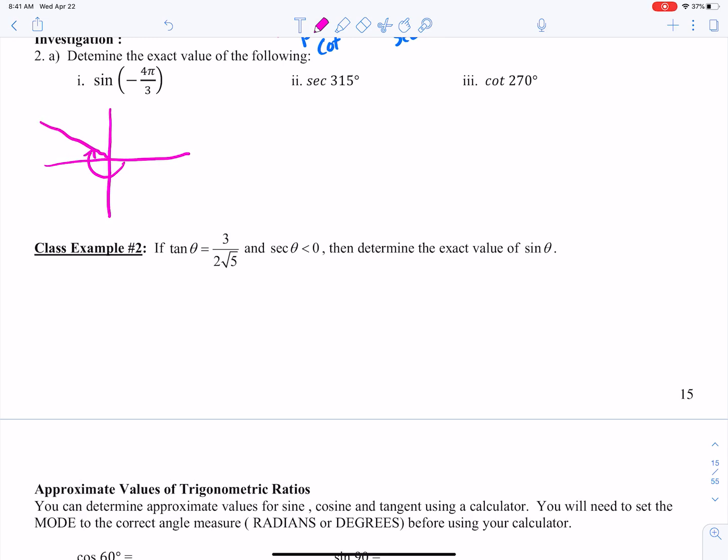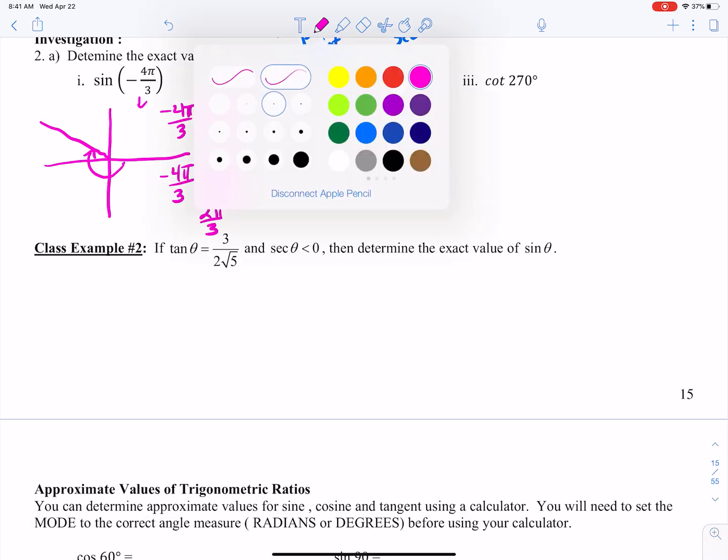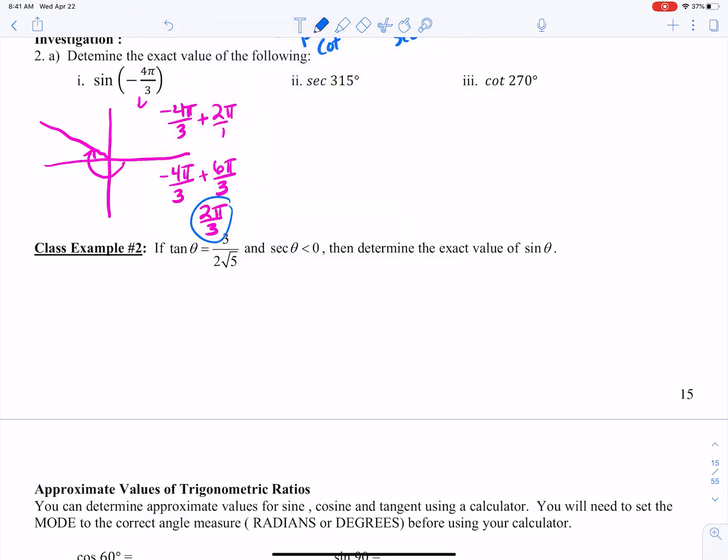If you didn't follow how I did that, remember, if we want to look at the principal angle, since this one's negative, we can just add a complete rotation to figure out where that angle is. Common denominator would be 6 pi over 3, and that would be 2 pi over 3. So if we want to look at the positive one, this is the same angle, and that's at 2 pi over 3.